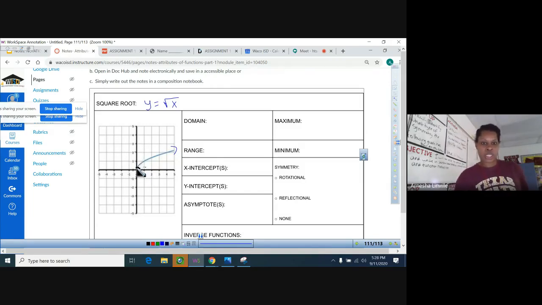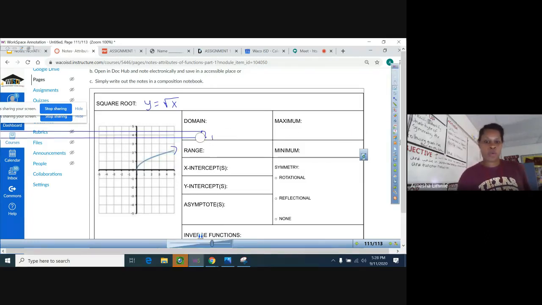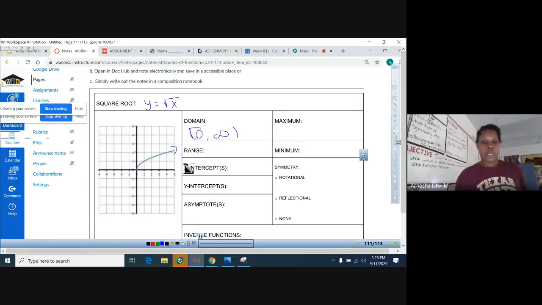My left would be starting at 0 and my right would continue, so my domain is from 0 to infinity, including 0. And then your range is going to be your lowest to your highest. The lowest the graph goes is 0, but there isn't a highest because it continues. So your range is also 0 to infinity, including 0.